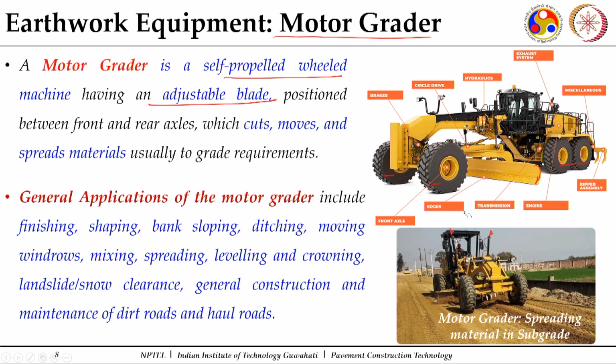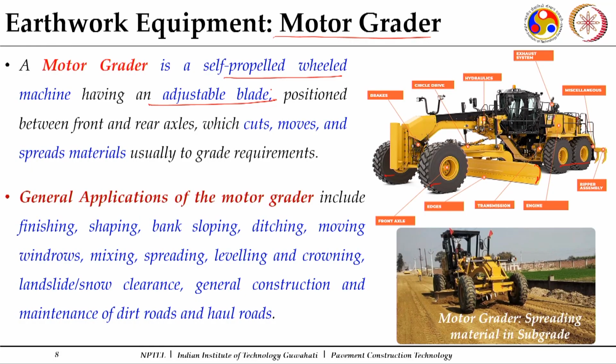It is used for mixing, for spreading the material, for bringing it to a grade. So a motor grader is a self-propelled wheeled machine having an adjustable blade positioned between the front and rear axles, which cuts, moves and spreads materials.